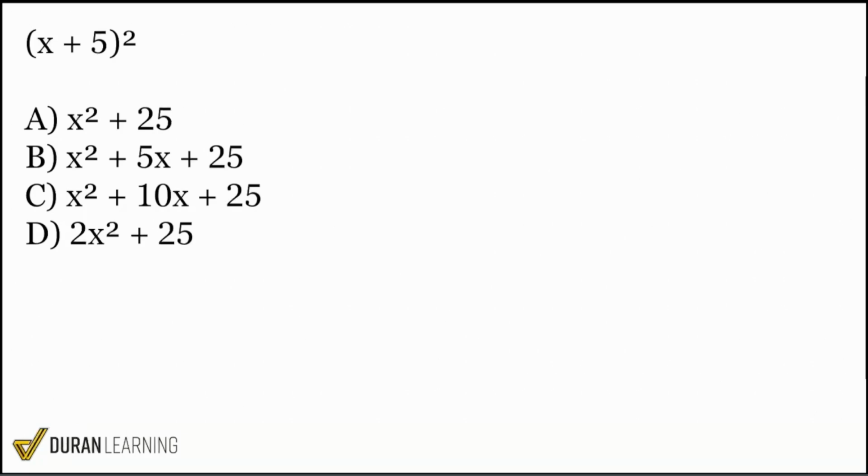The correct way of going about this is understanding what squaring is. Now, let me express that. So 3 squared, let's just take a regular number. 3 squared is the same thing as 3 times 3. If we had x squared, well, x squared is the same thing as x times x.